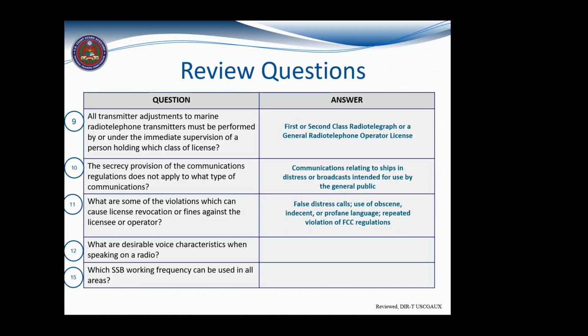Question 12. What are desirable voice characteristics when speaking on a radio? Speaking tone. The only answer there in the choices would be the Charlie, C. And number 15, which single sideband working frequency can be used in all areas?